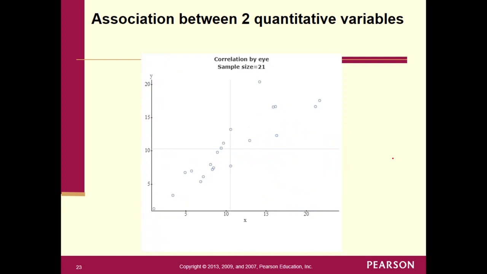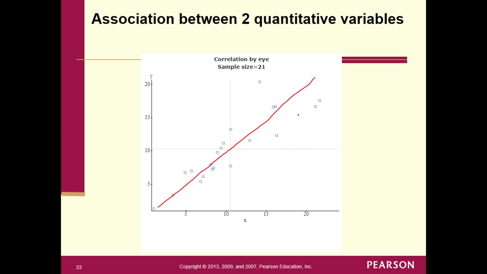All right, so let's take a look at a couple of scatter plots and see what we can come up with regarding the correlation coefficient. Here, it looks like maybe our trend line would go something like that. Certainly we have a positive slope, a positive relationship, so the correlation is going to be positive.